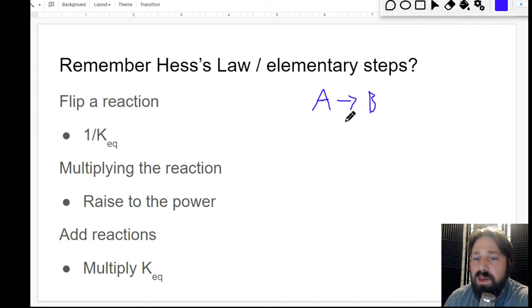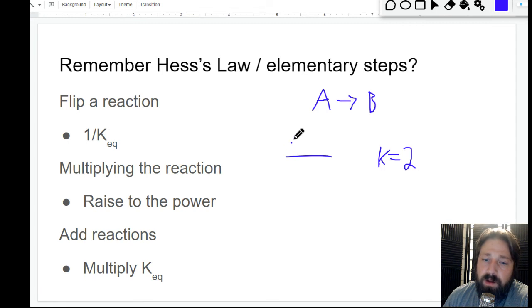So for example, if we had some equation and we found out that K equals 2, all right? I don't need to go through and think about all the numbers here that made up and calculated to 2. I don't need to know. If I flip the reaction because of Hess's law or something like that, then I know what K is going to be.